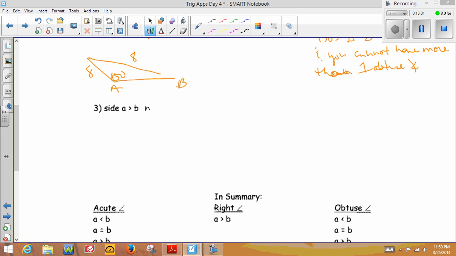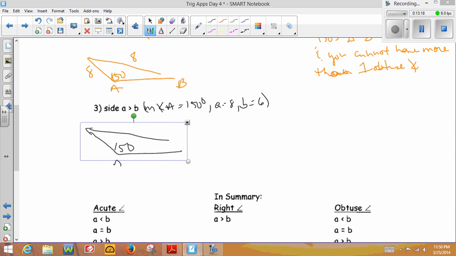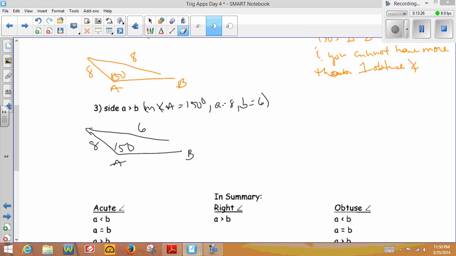If the measure of angle A is 150 and A is 8 and B is 6, is this possible? Oops, my bad. I labeled backwards.